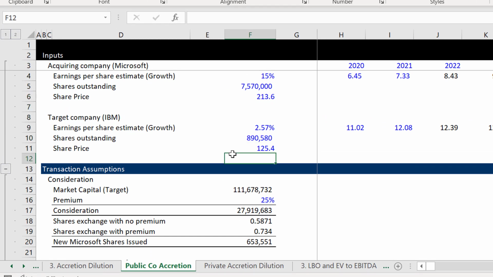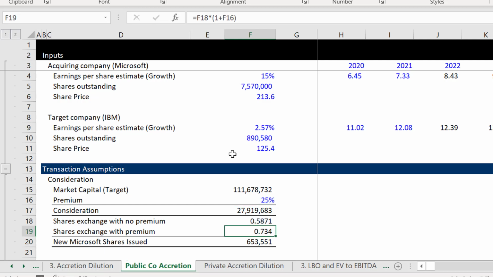So what we're going to do is give you a lot more shares of Microsoft. You're going to get 0.74, and that is simply the 0.58 times the 1.25.